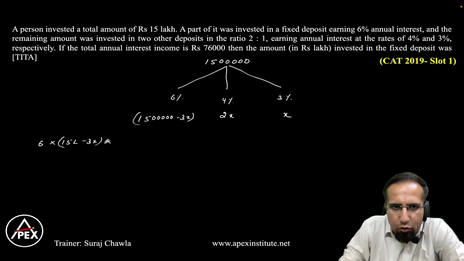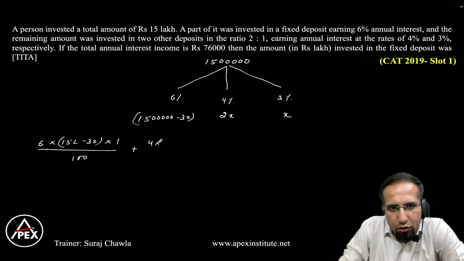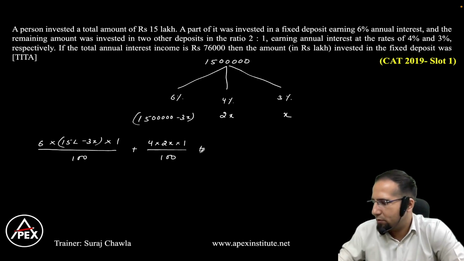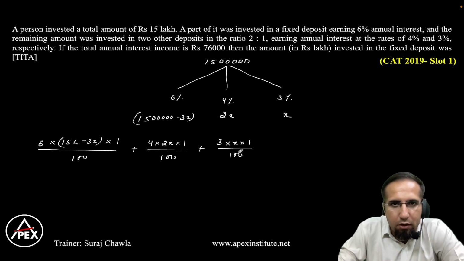So for 1 year, into 1 divided by 100, plus 4 into 2x into 1 divided by 100, plus 3 into x into 1 divided by 100. Now this total should be equal to 76,000.